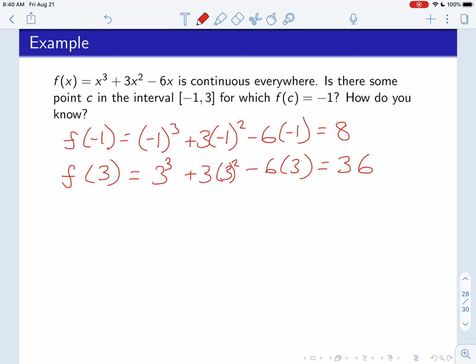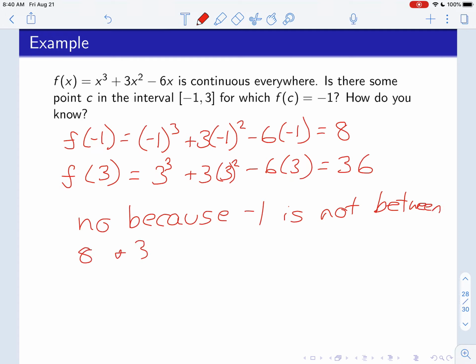So if my x's are going from negative 1 to 3, my y's go from 8 to 36. Is there any reason to believe that we had to cross a point whose y value is negative 1? Well, same deal. No, because negative 1 is not between 8 and 36.